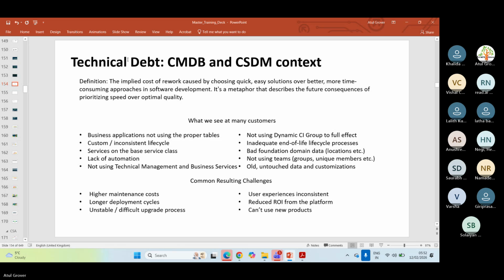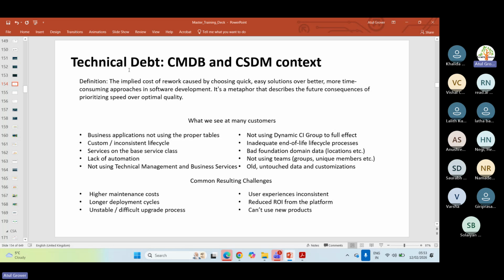Why? Because later on you have to maintain that. It is your customized table, so ServiceNow says, I don't provide any support on the customized solution because I don't know what you're using. I can support only out-of-the-box solutions.